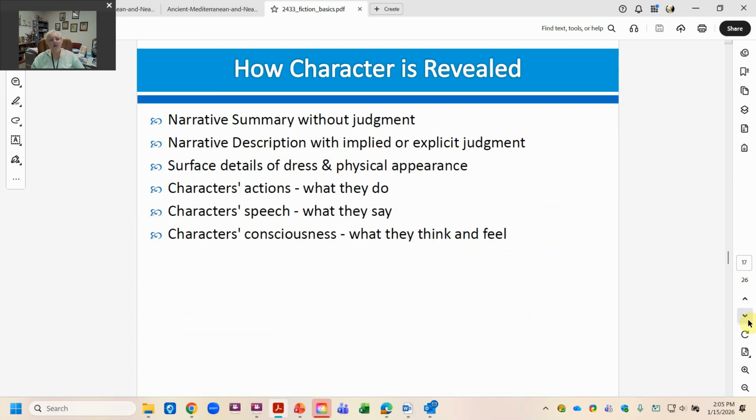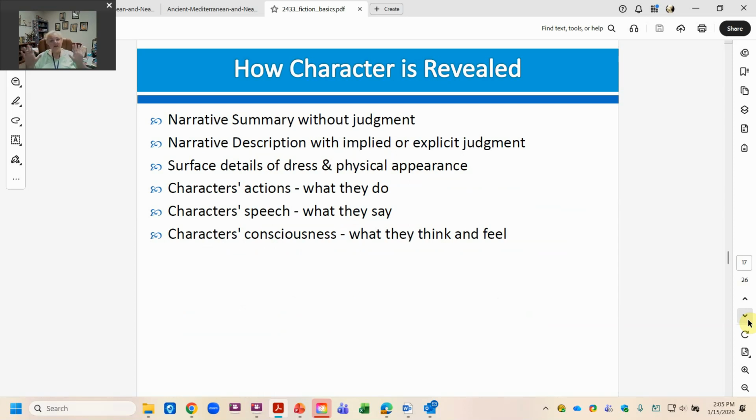So how do we tell things about characters? Well, here are some ways for you to look at a story to figure out what's going on. So you're going to have a narrator that is telling the story, and they are going to be describing these characters to us. And sometimes there will be a judgment, like, oh, that character is lazy, right?